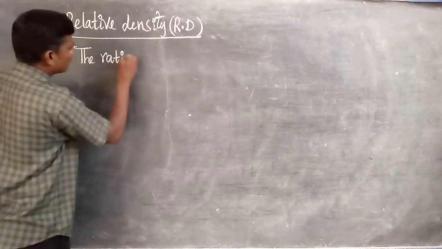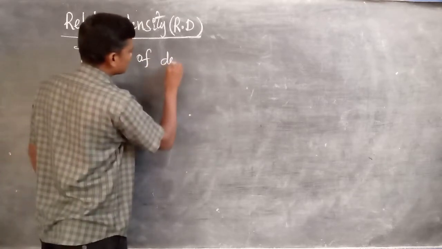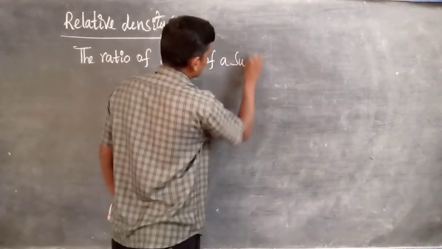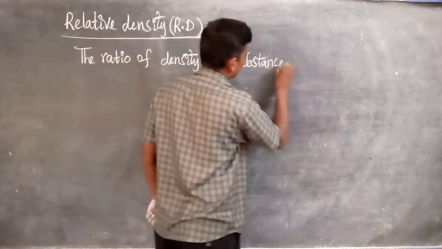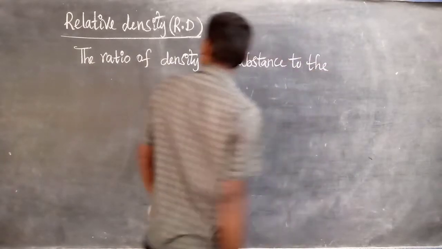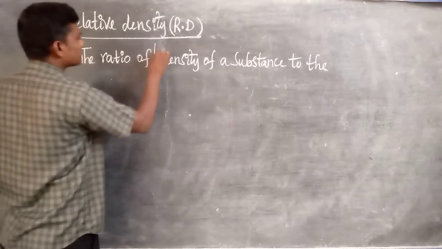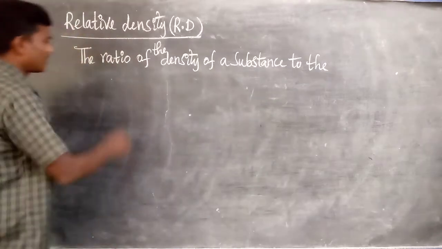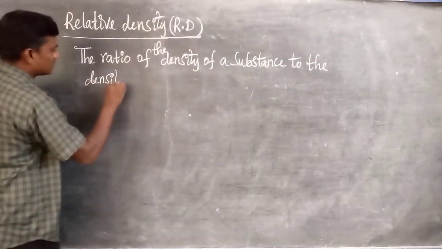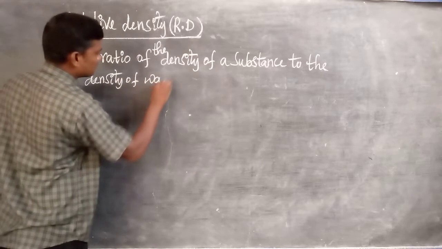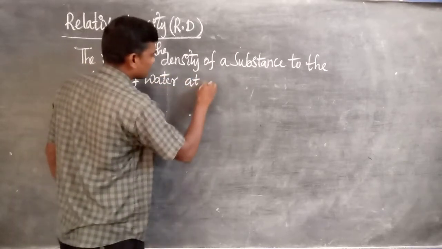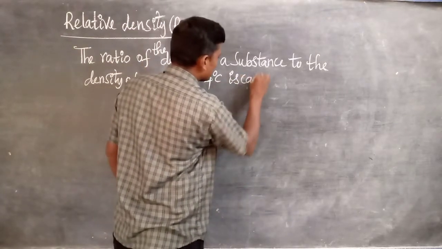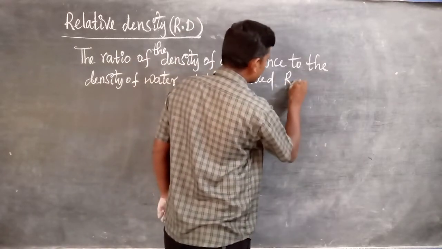The ratio of the density of a substance to the density of water at 4 degrees Celsius is called relative density.